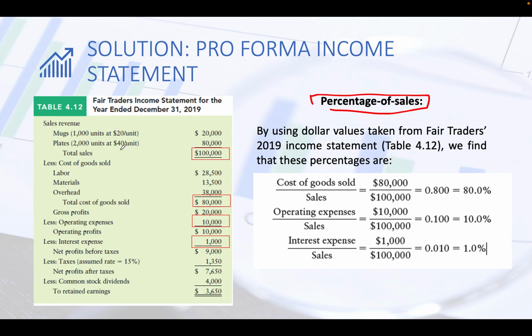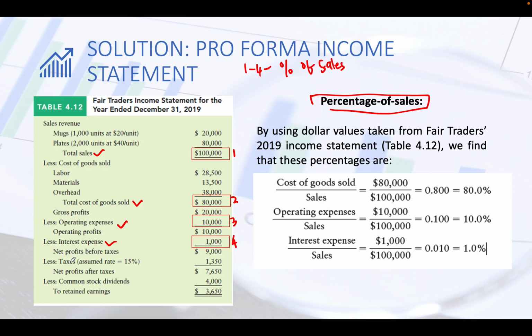Setiap item yang ini, kita ambil yang penting-penting aja. Total cost of goods sold, kemudian operating expenses dan interest expenses, kita kira berdasarkan percentage of sales. 1, 2, 3, 4 berdasarkan percentage of sales.